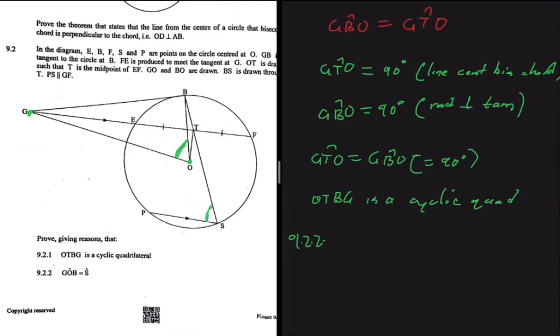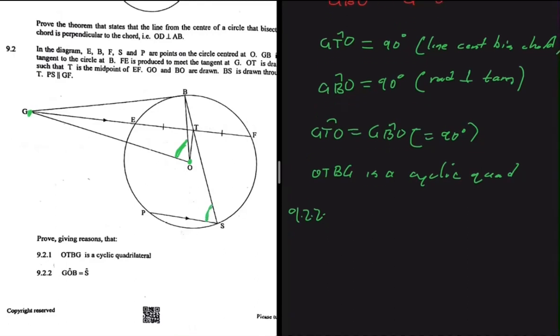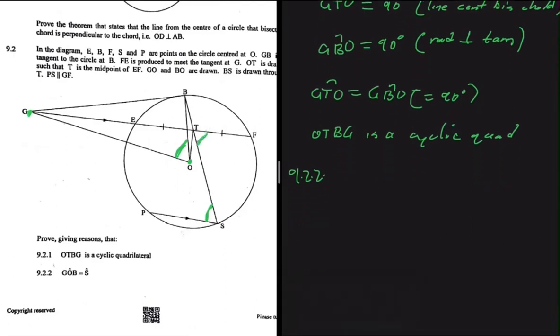But then immediately when you look at this, you would think that angle S is equal to angle STF, right? Because they are alternating. So let's just write that down. So we're saying that angle S is equal to angle STF because they are alternating angles, right? If you just look at that.